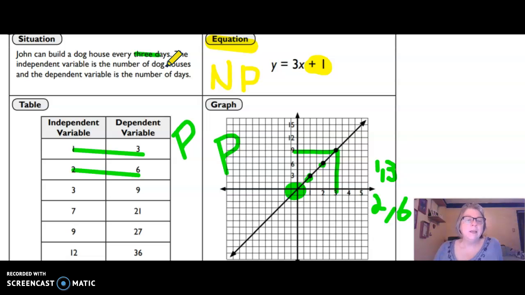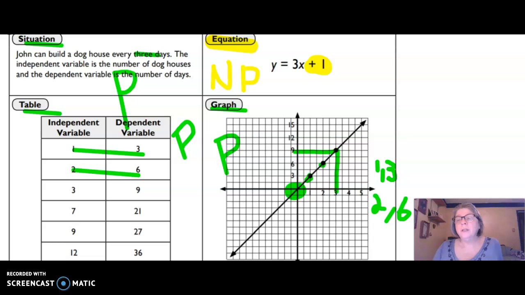We can't see it. So we look for the number, are we starting? Did he already have 1 doghouse built? And you're going to notice as you go through this that there are no other numbers in here but 3. So this one is also proportional, and it goes with the graph, the situation, the table.